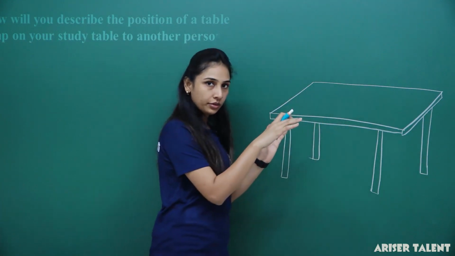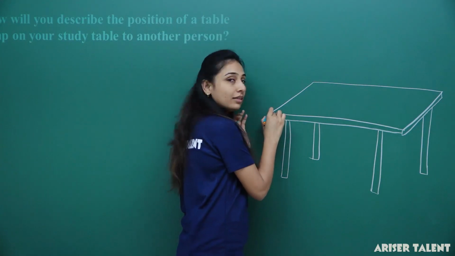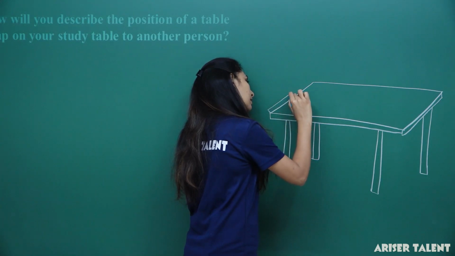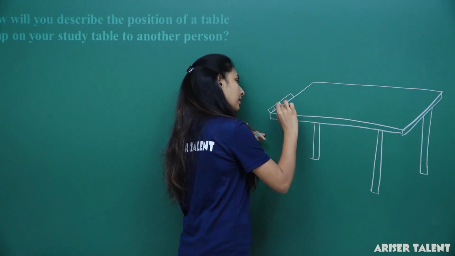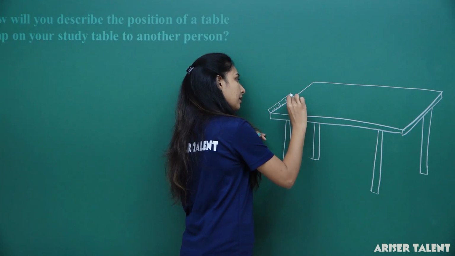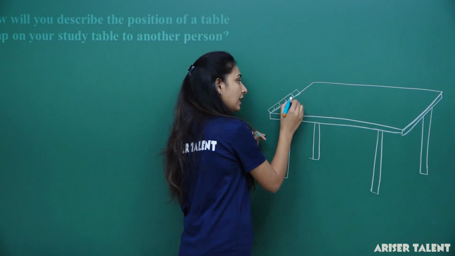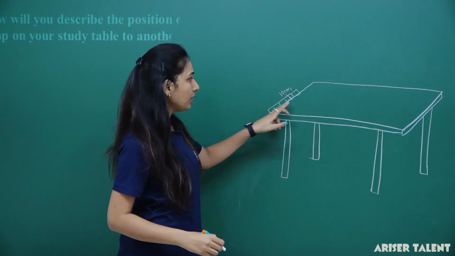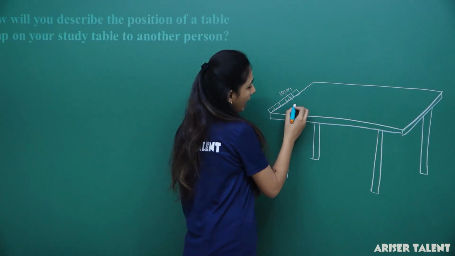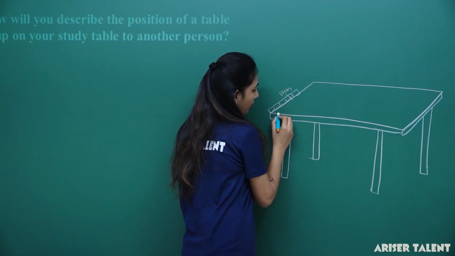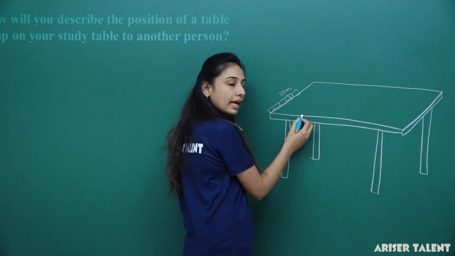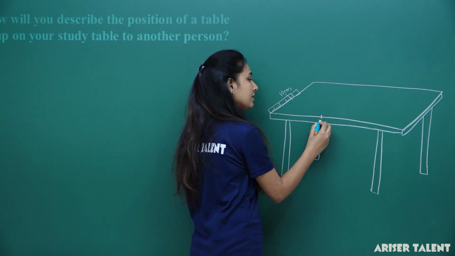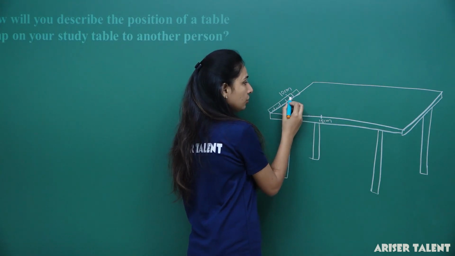So how did you put it there? You measured, because you have a scale with you. So you measured from your scale, something like 10 centimeters here, and from here let's say 15 centimeters.